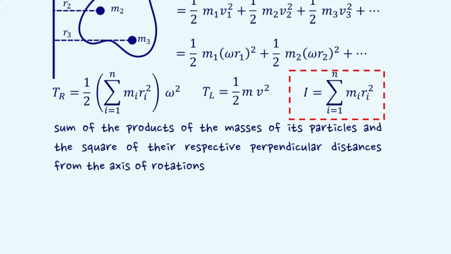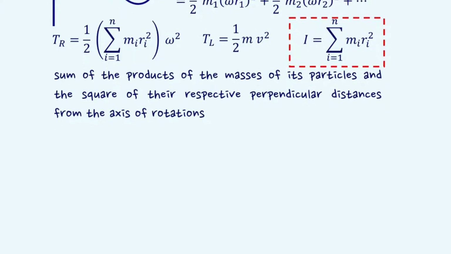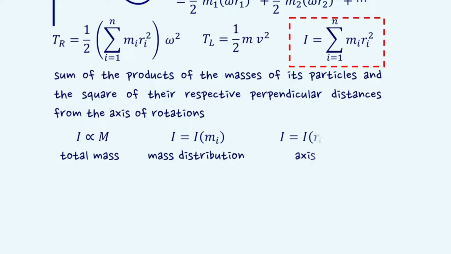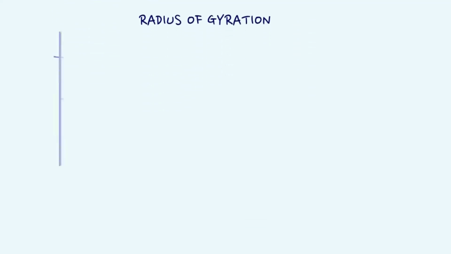Thus, the moment of inertia of a rigid body rotating about an axis is the sum of the product of the masses of its particles and the square of the perpendicular distances from the axis of rotation. Moment of inertia of an object is directly proportional to its mass distribution and the axis about which the object is rotating.